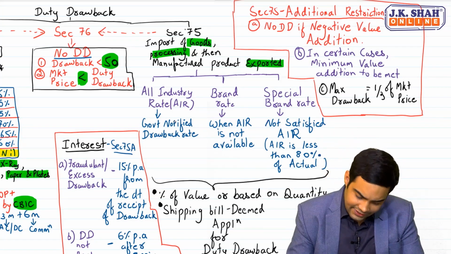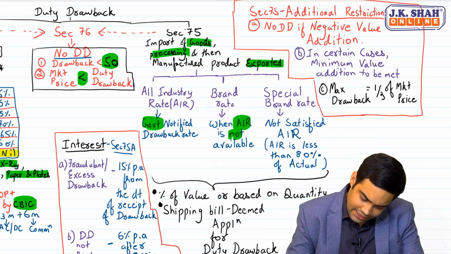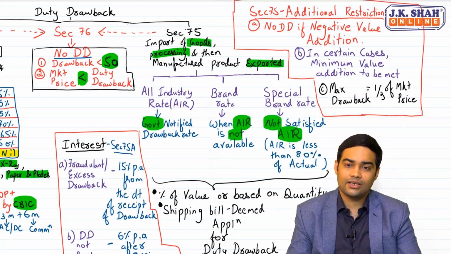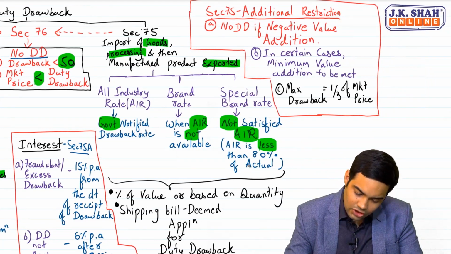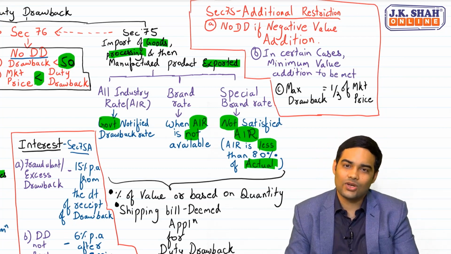All industry rate, government notified rate, brand rate when AIR is not available, and special brand rate when you are not satisfied with the all industry rate which is given by government. If all industry rate is less than 80% of actual, only then you can apply. If it is 80% or more, then you cannot apply.